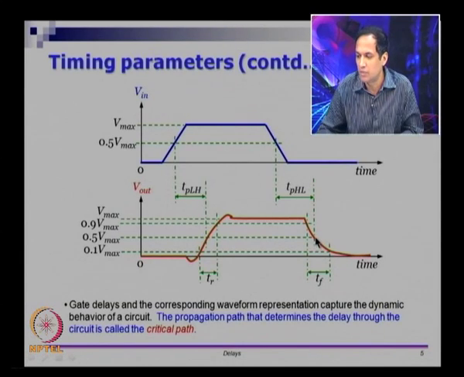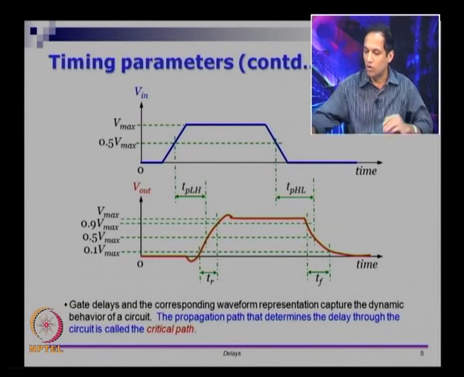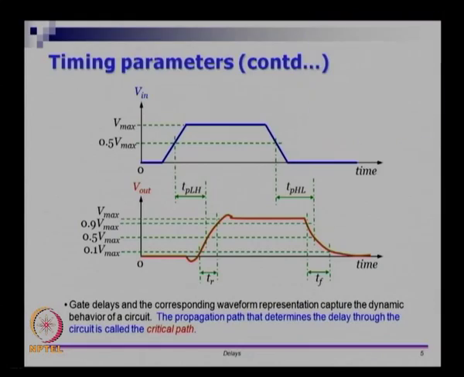So, this is just a circuit to illustrate various examples, and with these waveforms you can understand what rise time and fall time are and what TPLH and TPHL are. So, basically LH is low to high, HL is high to low, TR is rise time and TF is fall time.